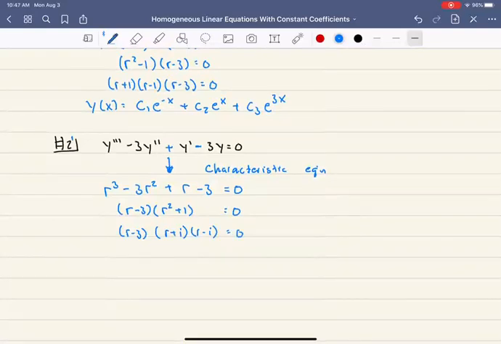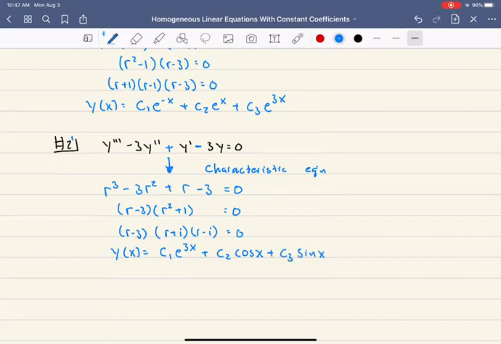So our general solution is going to be c1 e to the 3x plus c2 cosine of x plus c3 sine of x.